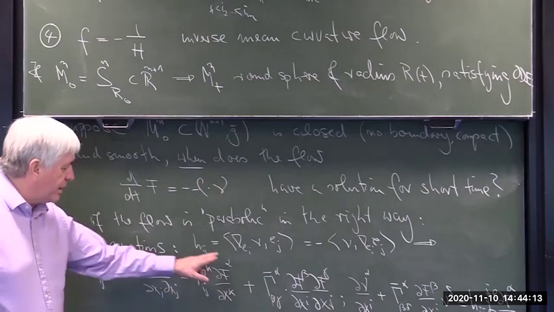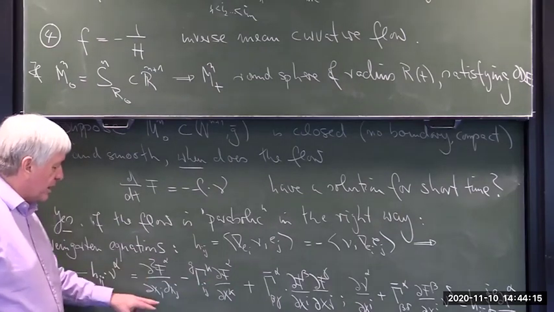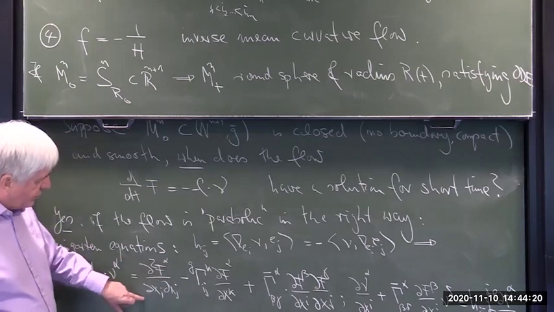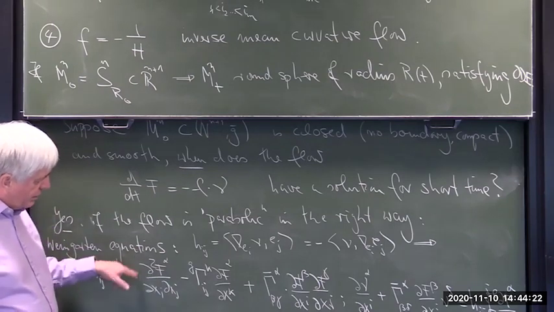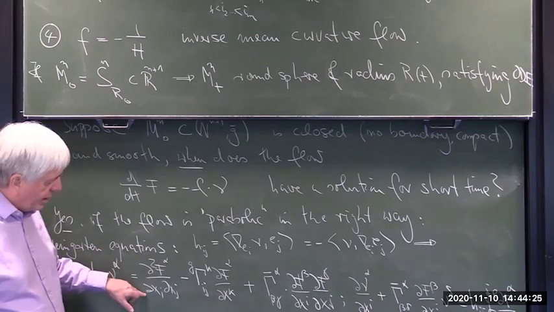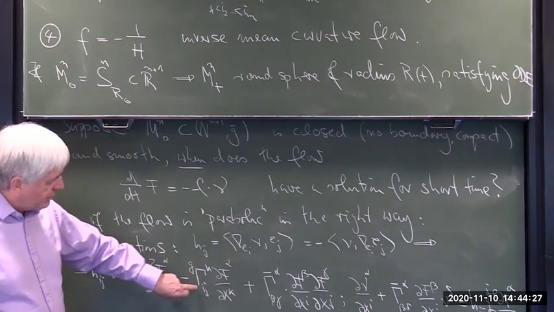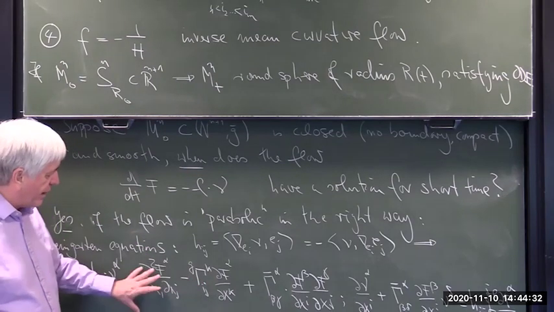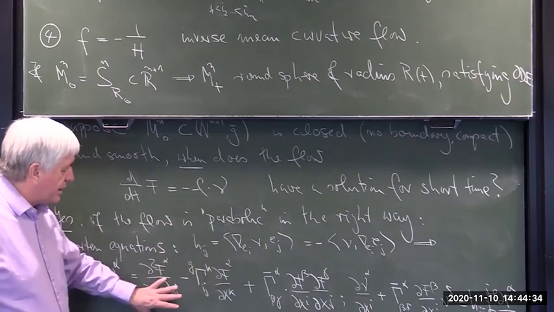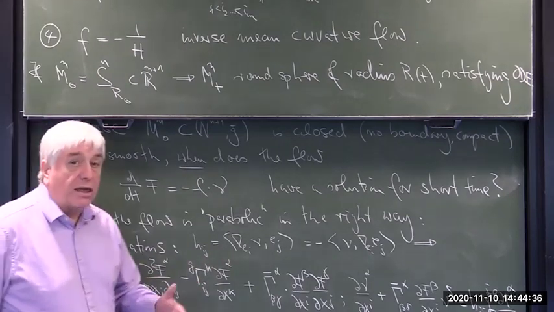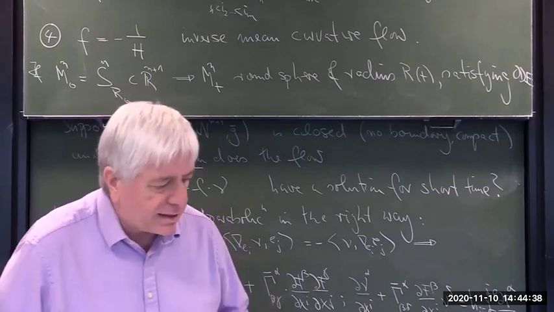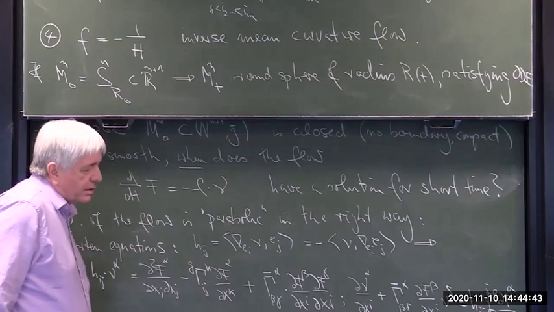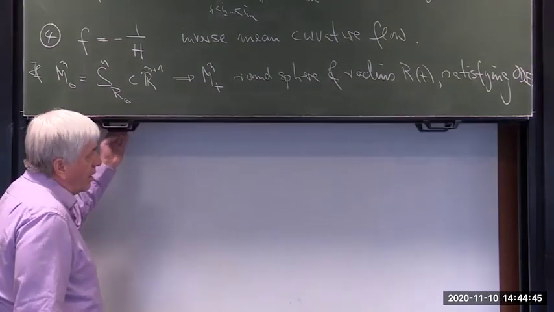And the key thing would be whether this here is positive or not. So this would be the trace of the second derivatives here. So this would certainly be a nice elliptic operator. But there's something subtracted here because this also contains second derivatives of f. So I would have to check whether this is actually an elliptic operator. Turns out it is sufficiently elliptic that you can solve the equation for short time.